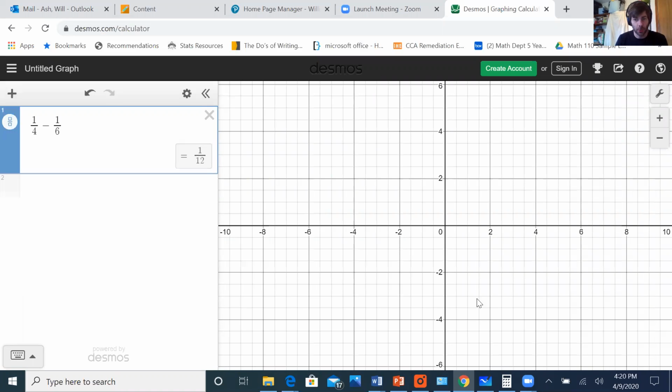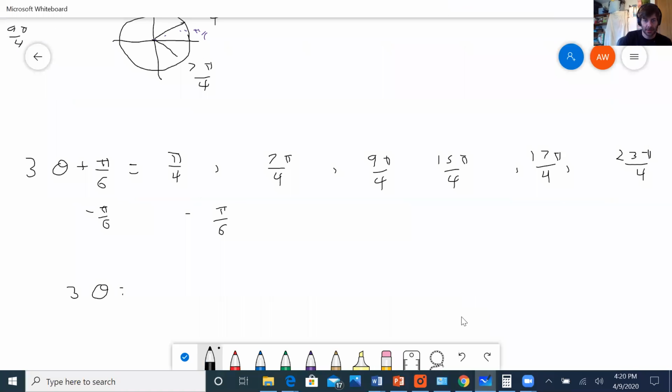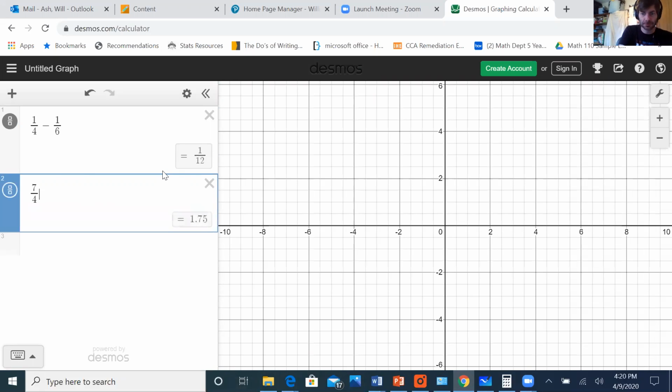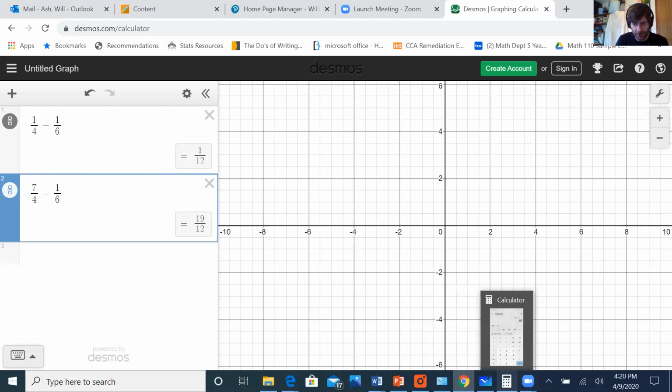It's 1/12, so pi over 12. 7/4 minus 1/6 is 19 pi over 12.